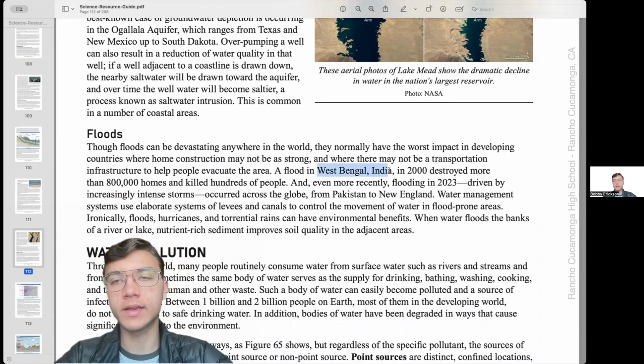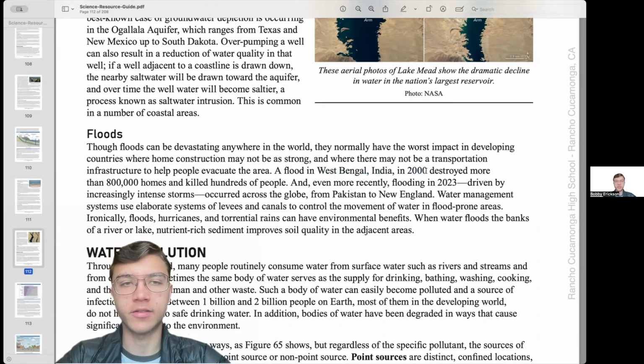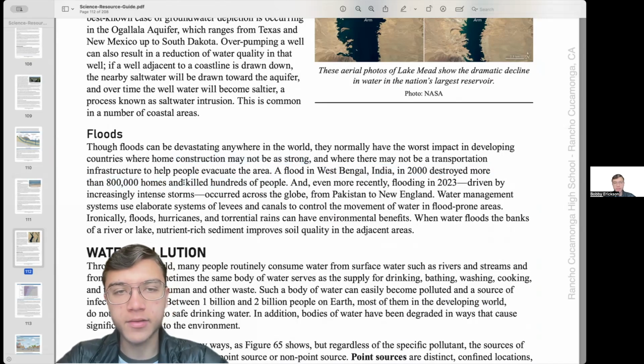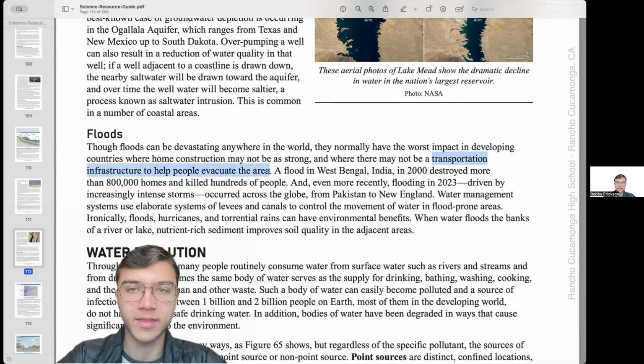In West Bengal, India, in the year 2000, a flood destroyed more than 800,000 homes and killed hundreds of people. This was because the homes were not constructed strong enough, and the transportation wasn't enough to get people out of the area. Then in 2023, there was even more flooding.